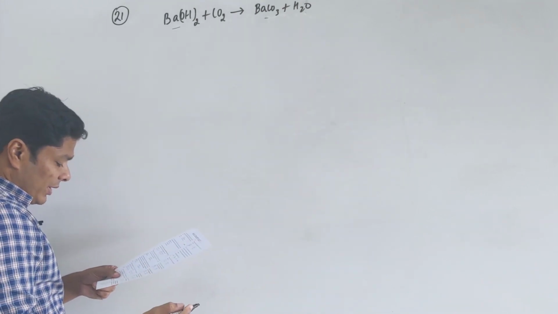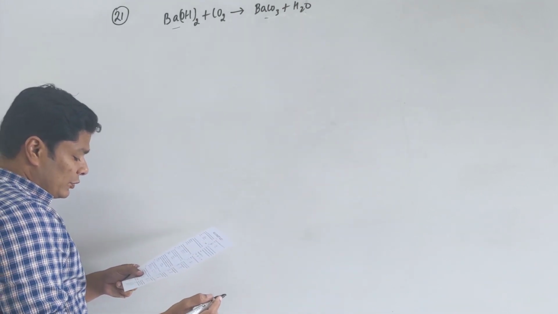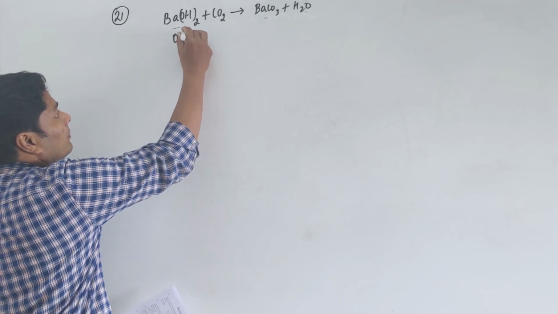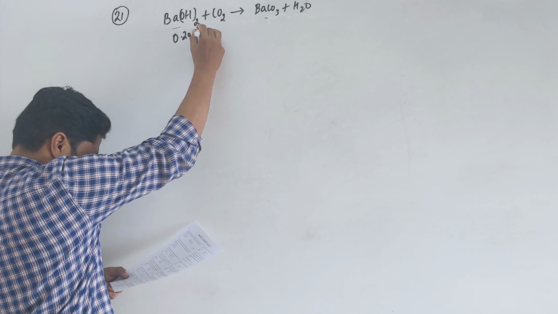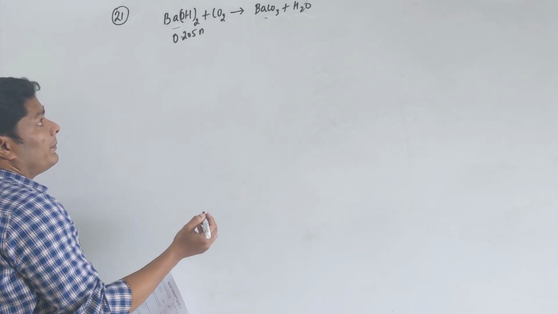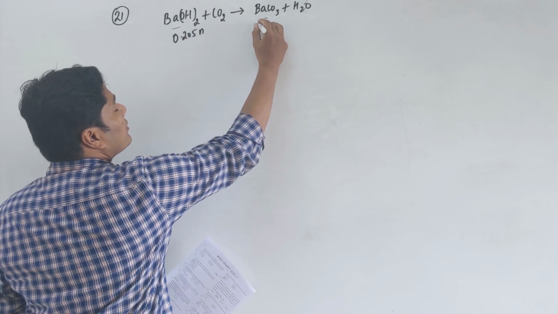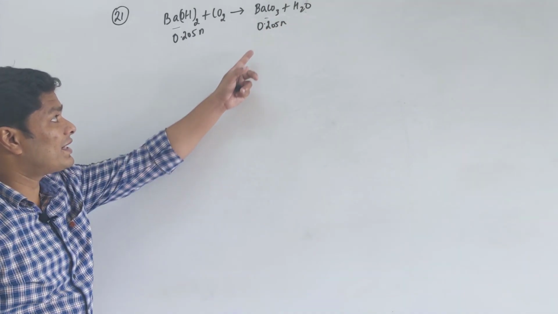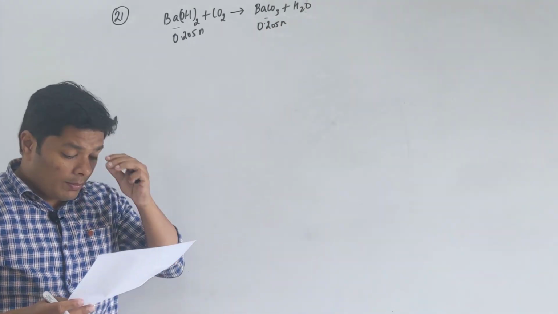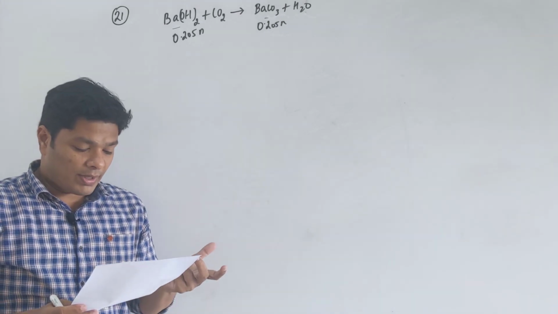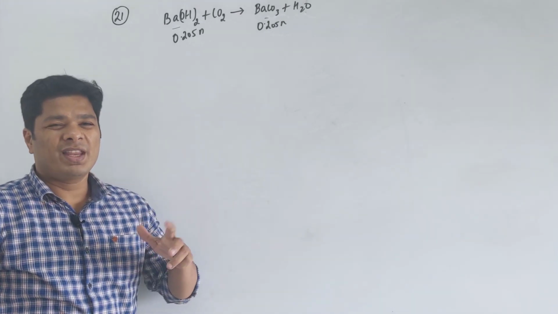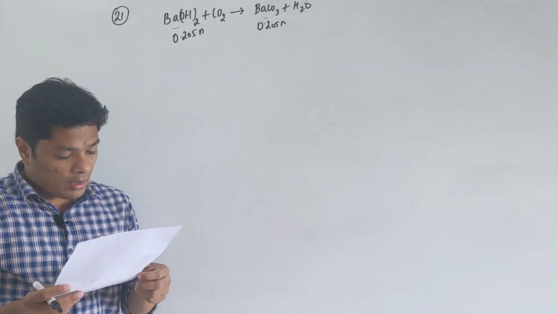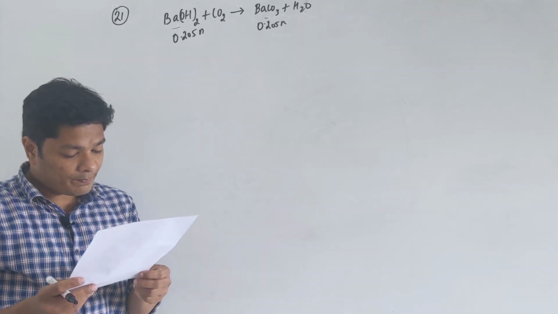So the mass of barium carbonate formed when excess of CO2 is passed through a solution having 0.205 moles of barium hydroxide. 0.205 moles of barium hydroxide. 1 gives you 1, so this is also 0.205 moles. So I know the moles, I can find the mass as moles times molar mass. They will give you the molecular mass of barium carbonate, or at least they will give you the molecular mass of barium, around 197, 198. So you can do the problem, option alpha.